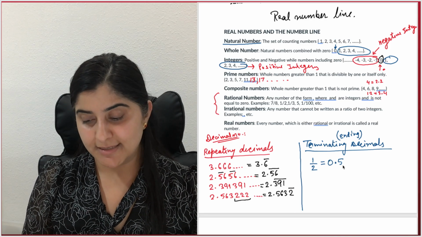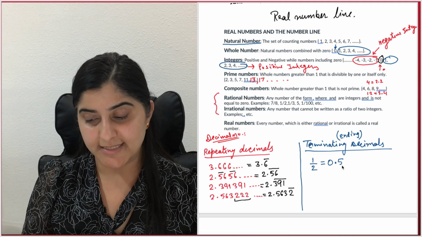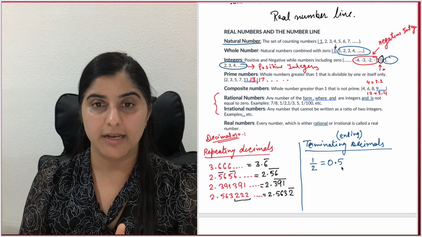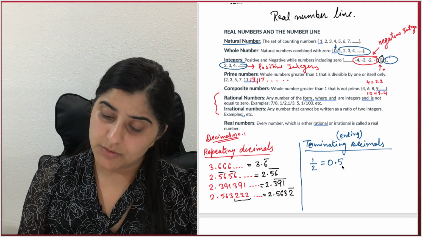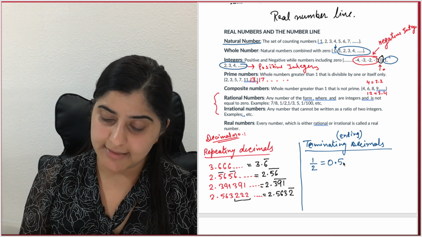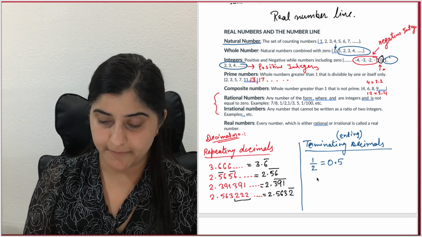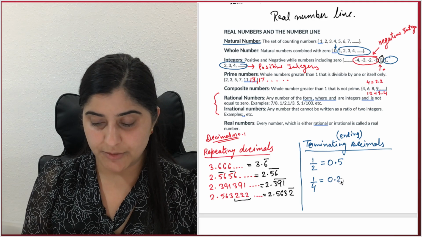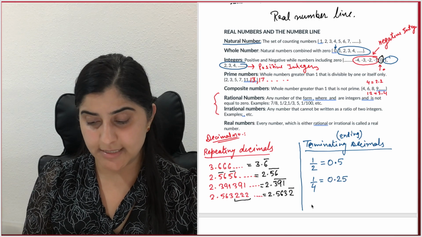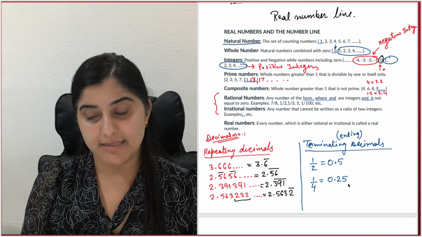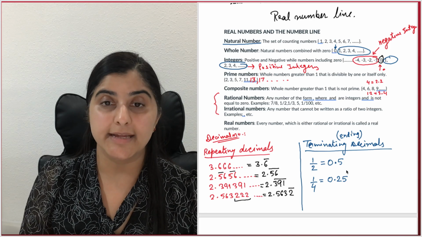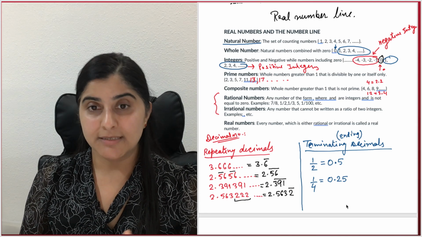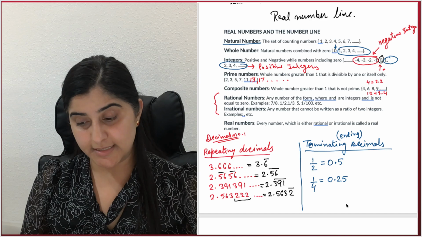So after 5 there is nothing. So this decimal number ends after certain decimal places. 1 over 4 is 0.25, right? After 2 decimal places this number finished. So these are called ending decimals, when after certain places after the decimal the number just ends.